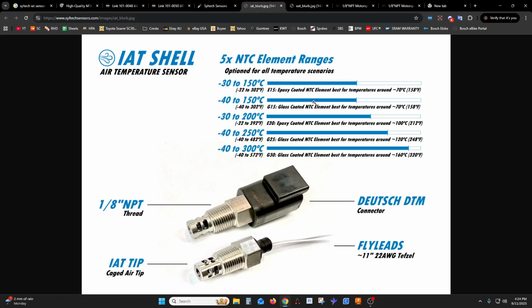And see here, this blue part, it has a range of where it measures the temperature best. Negative 40 to 250; what we probably want is minus 40 to 150 or minus 30 to 150 for our regular air intake temperature sensor. So for this one, we want an E15 or a G15.